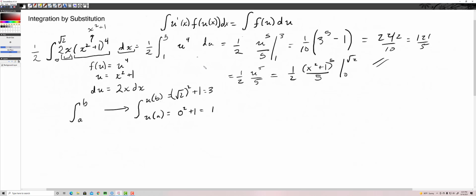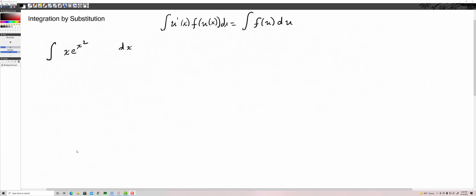So whether you go about it this way or this way, by switching these bounds, it shouldn't matter. Don't freak out about it too much. But this is the way that they generally teach it, so it's probably best to go ahead and do it.